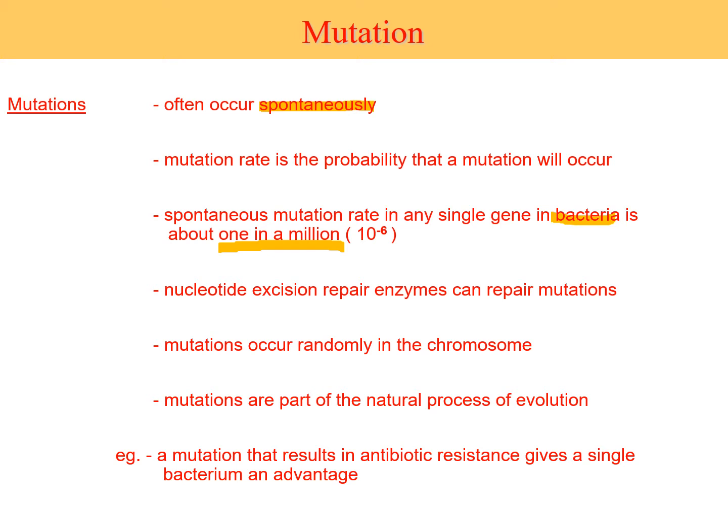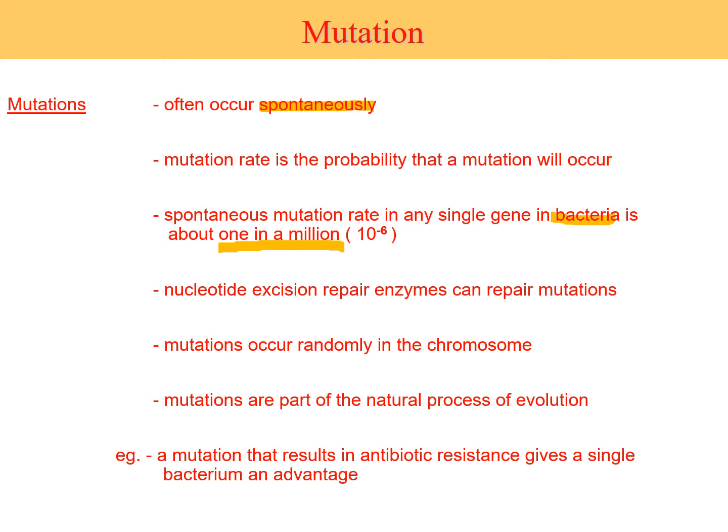This mutation frequency may sound small, but seeing as bacteria can expand in numbers very, very rapidly, and in 24 hours you can go from a very small number to millions and millions of them, you should realize that it's frequent enough that it is significant.